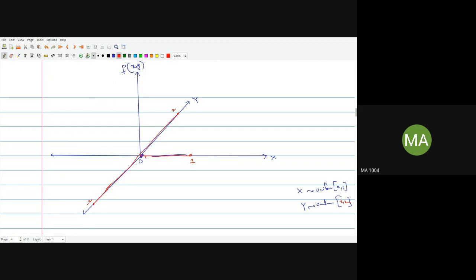Now you see, x can take values from 0 to 1 and y can take values from minus 2 to 2. If I look at the joint, these are the possible x comma y points. So x can take 0.1 and y can take 2.